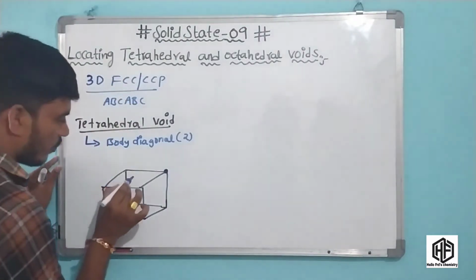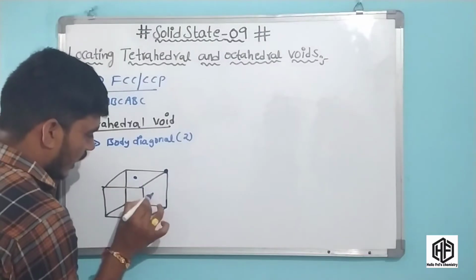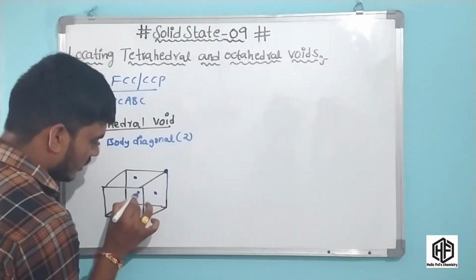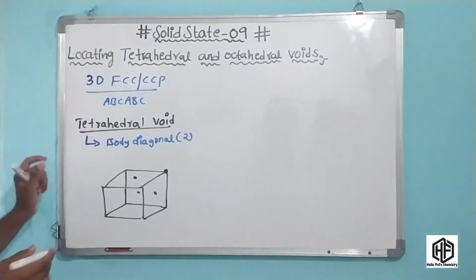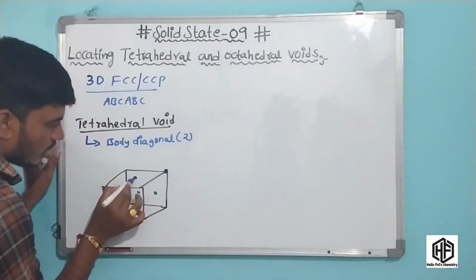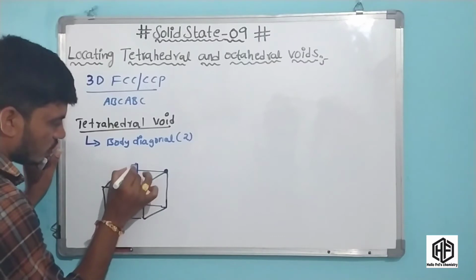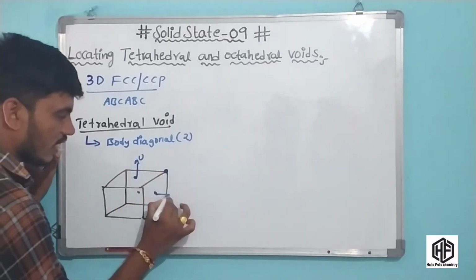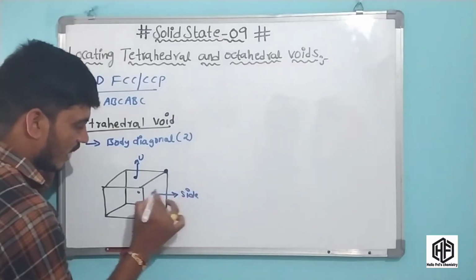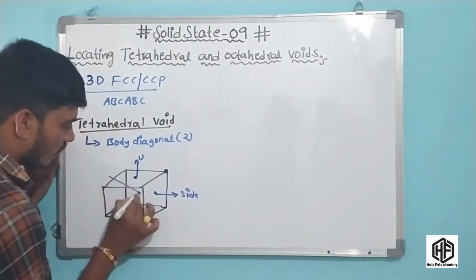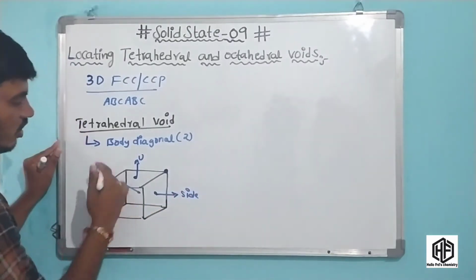This is one face, this is another face, and this is the back side face. This center point is on the upper face, this is the side face, and this is the back face.